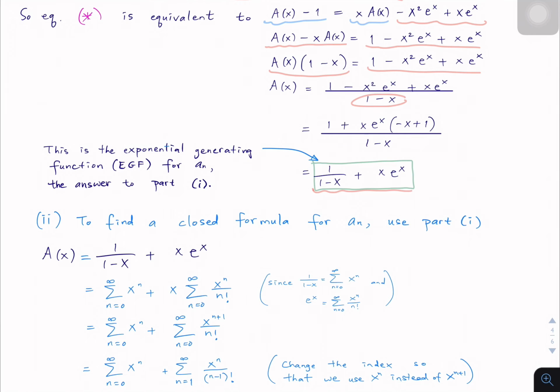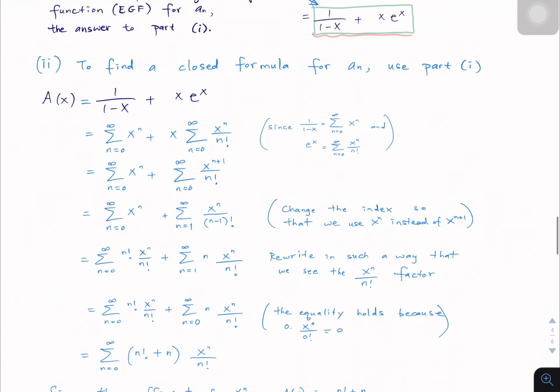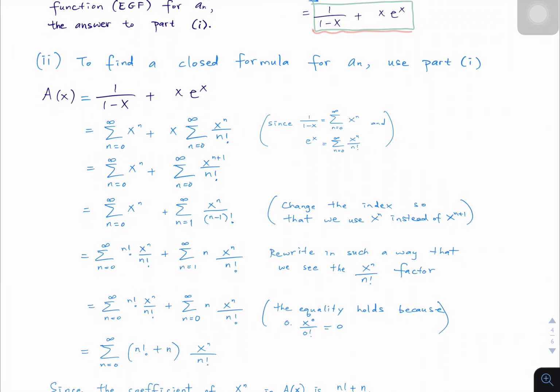Alright, so now we want to find a closed formula for the sequence, and we will use the exponential generating function. So this is the exponential generating function, and now I want to turn this back into a power series.